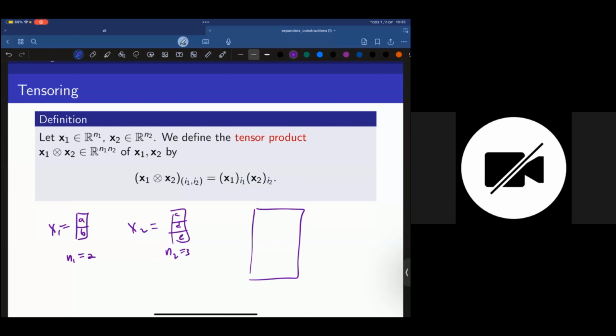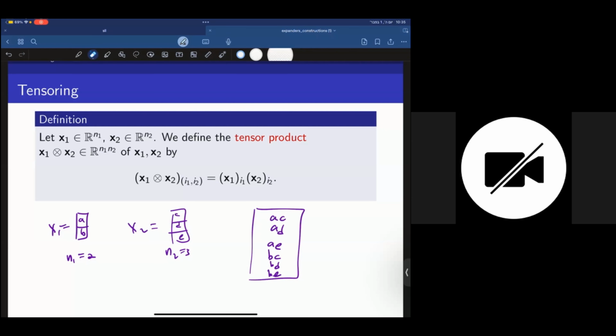Every row is still a number, but I need more space. So I just take all possible products. I chose an order. I could have started also with AC, BC, but I'd rather have the A's first and then the B's. It's some order that I'm choosing here when I present things.